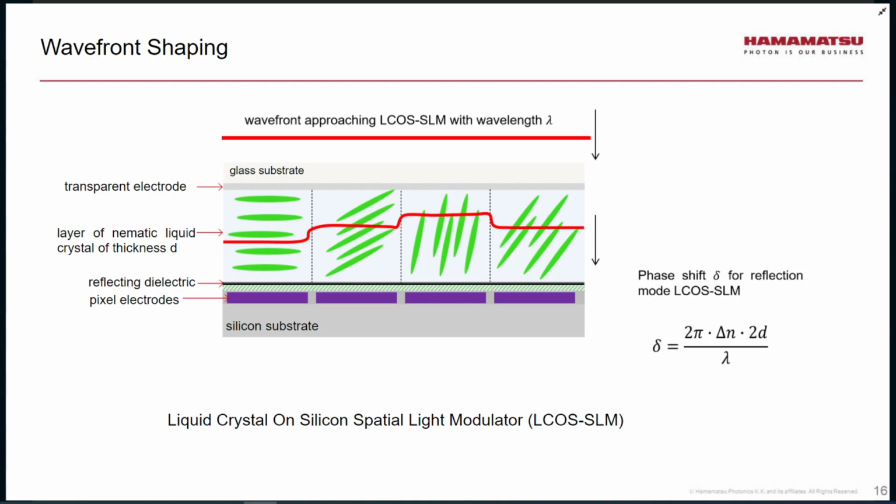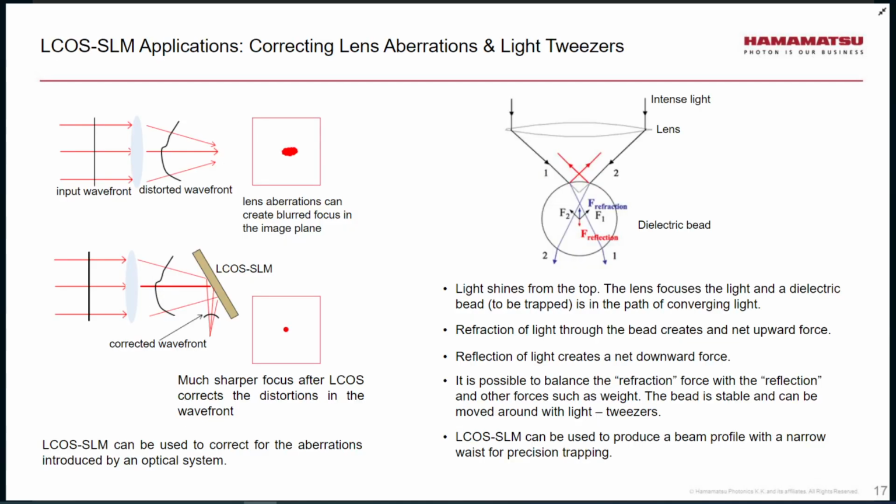Different voltages can be applied to different pixels. And so, for example, when I have an incoming wavefront, like a plane wave, as it penetrates the LCOS, different indices of refraction will retard some parts of the wavefront, i.e. changing its shape. So this device can be used to alter the shape of the wavefront.